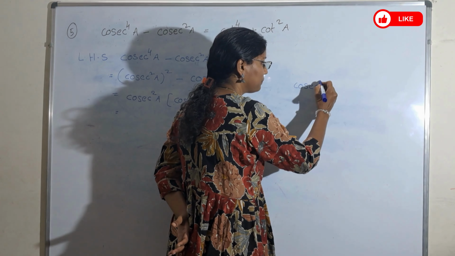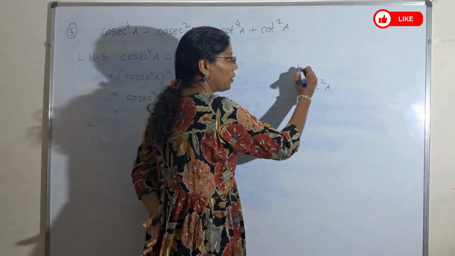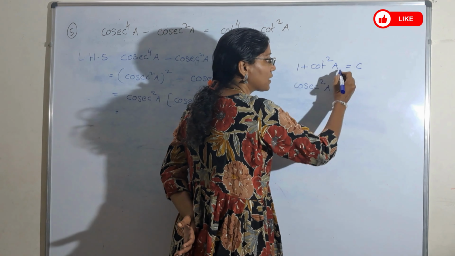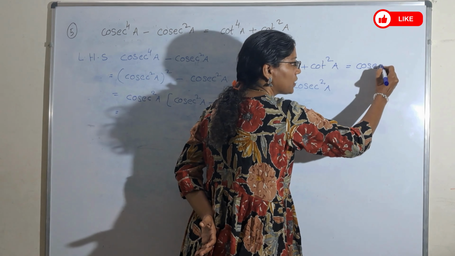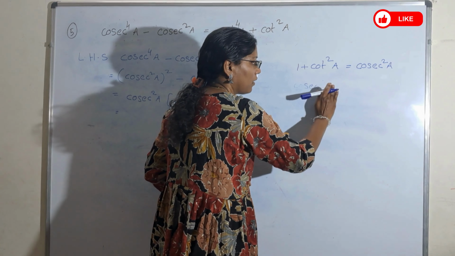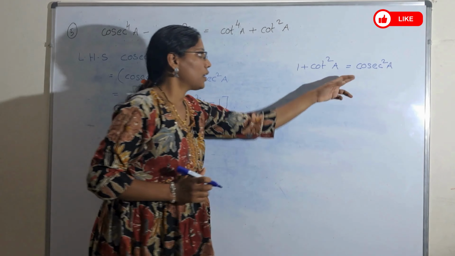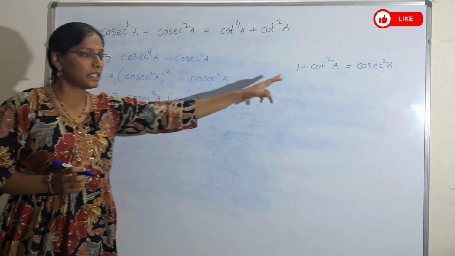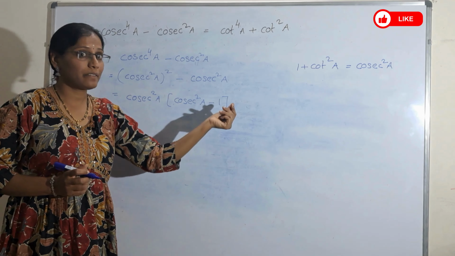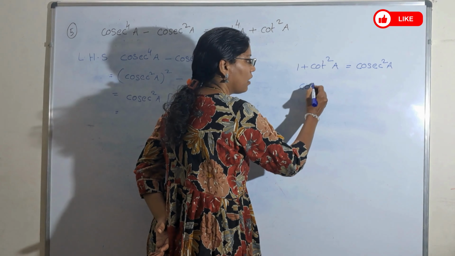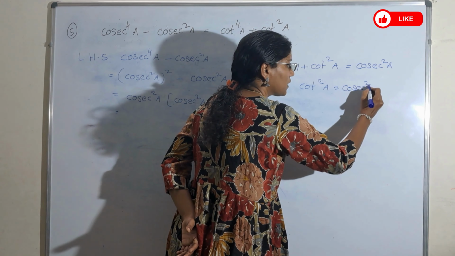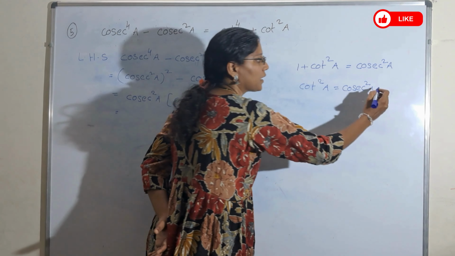Cosecant square A is equal to 1 plus cot square A, an identity we already know. So cosecant square A can be written as 1 plus cot square A. Next, cosecant square A minus 1 equals cot square A, shifting 1 to the right side.